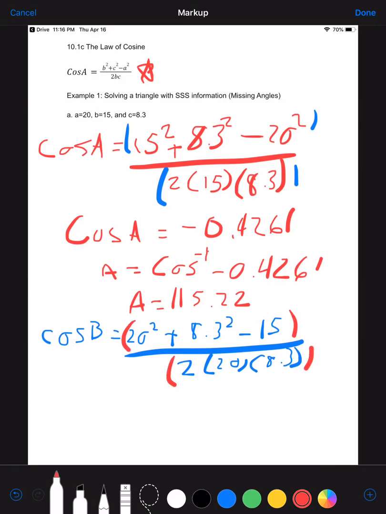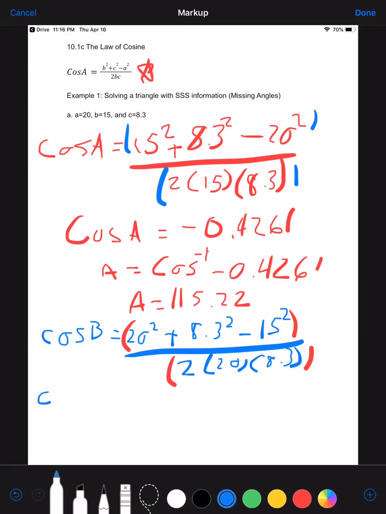They're going to save your life here. So parentheses 20 squared plus 8.3 squared minus 15 squared, which I forgot to put the squared when I wrote this, my bad. Close parenthesis divided by parenthesis 2 times 20 times 8.3, enter.